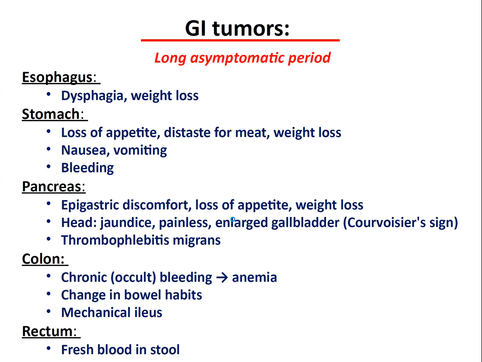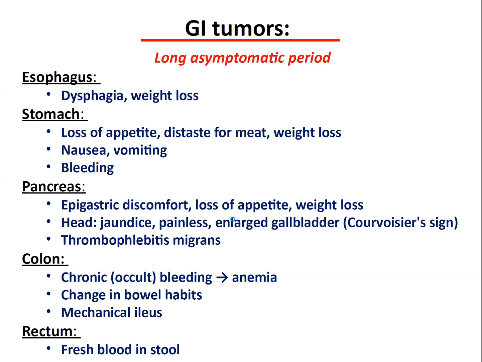If a patient over 50 is diagnosed with iron deficiency anemia, you always have to think about a colon tumor. And there is a change in bowel habits, meaning that sometimes the patient has obstipation and sometimes diarrhea. Obstipation is due to the obstruction of the GI tract. And when the bacteria have more time to act on whatever is left in the stool, that makes the stool more fluid.